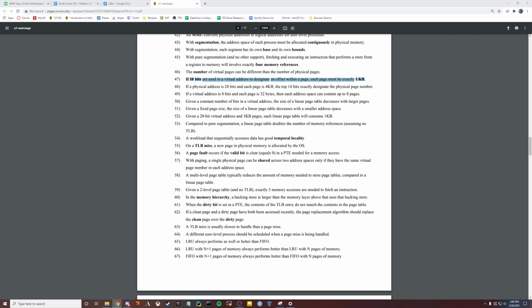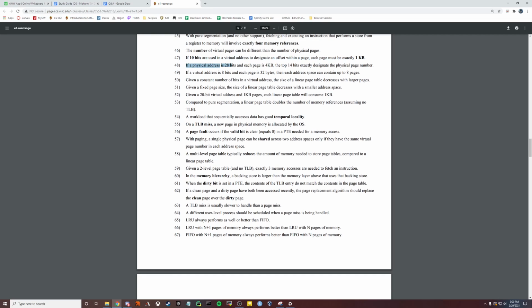Okay. Then wouldn't you have inaccessible memory in your page though? Yeah. So what is 2 to the 10? Is 2 to the 10 1024? Yeah. That's a kilobyte. So are we saying true then? My intuition would be true. Okay, true.